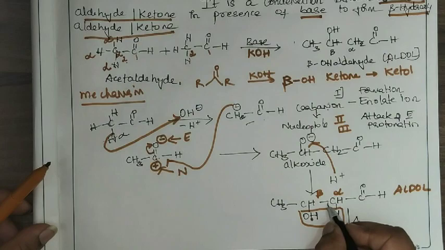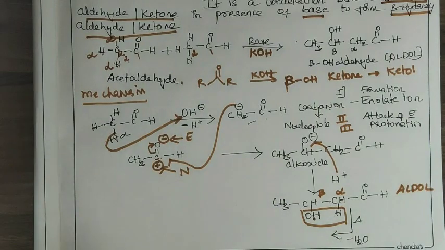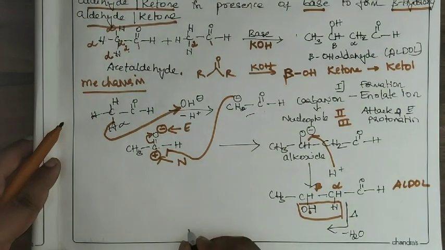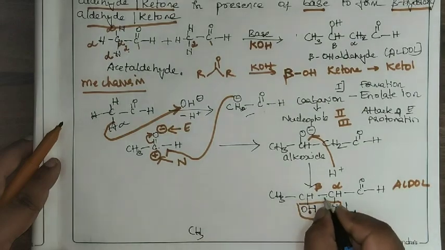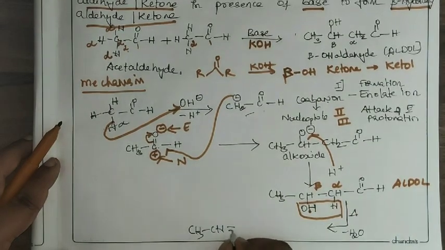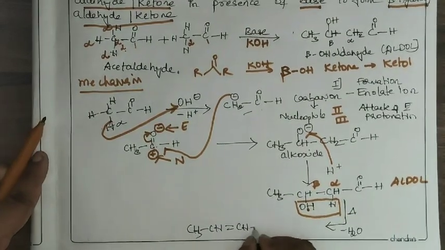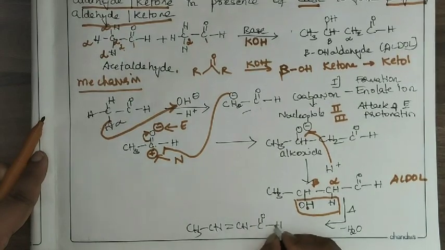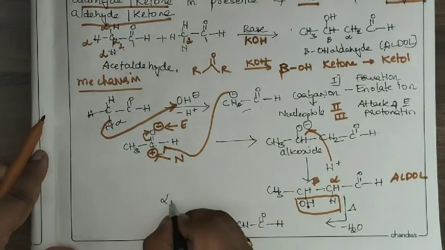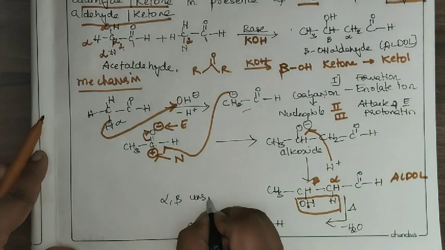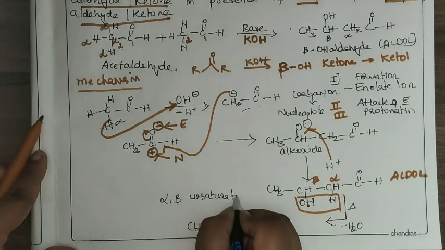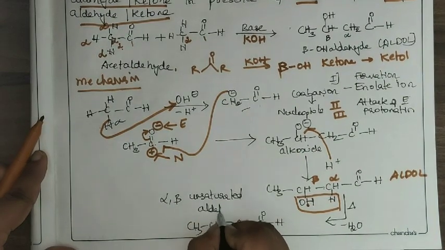So here you will get an unsaturated bond, so CH3, and here you will get an unsaturated bond. So this is an alpha beta unsaturated aldehyde.